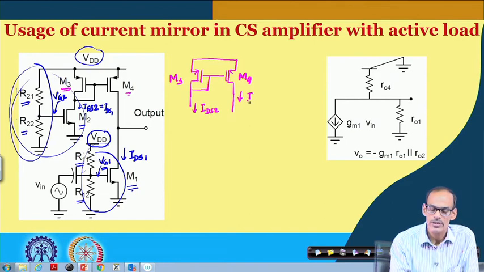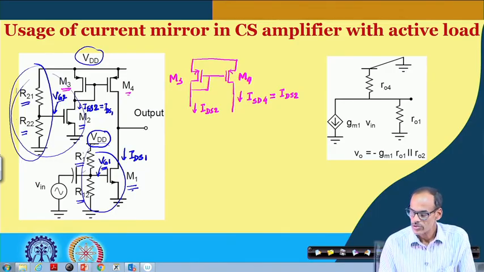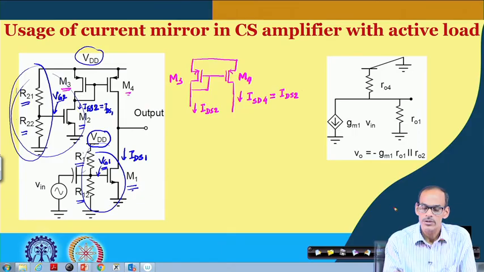So, we can say that ISD 4 equals IDS 2, or to be more precise, it has an aspect ratio relationship.